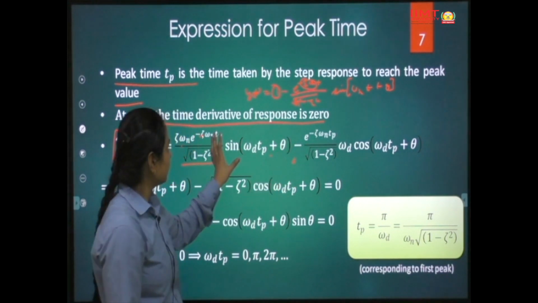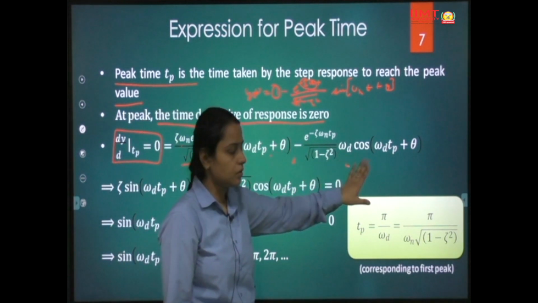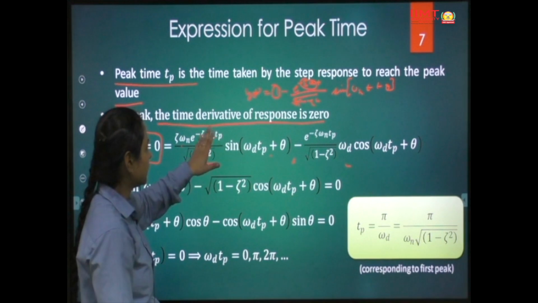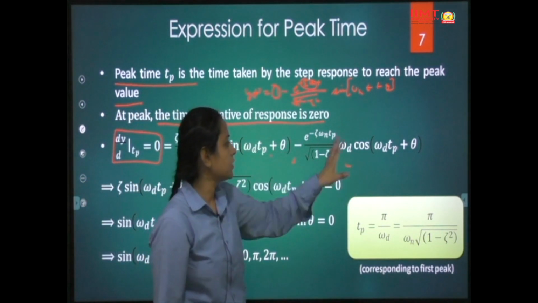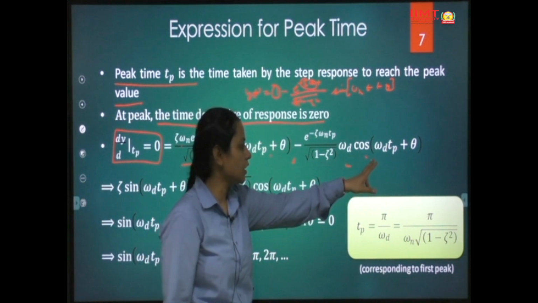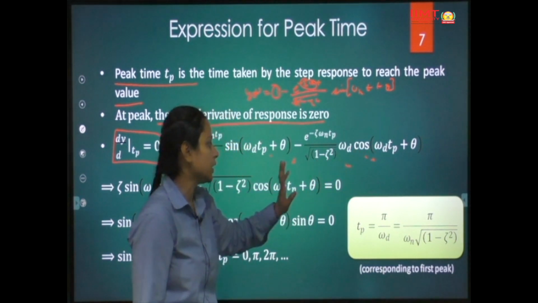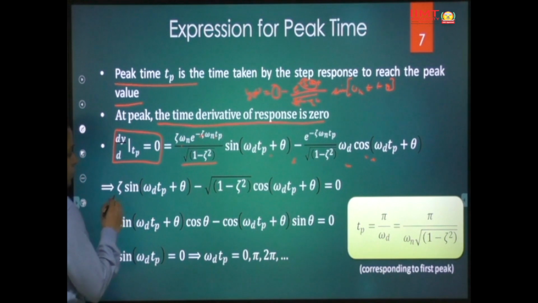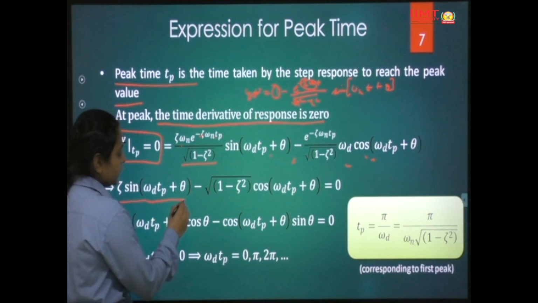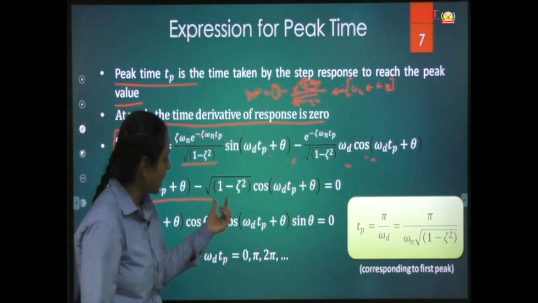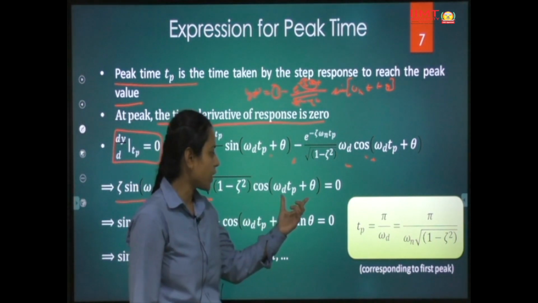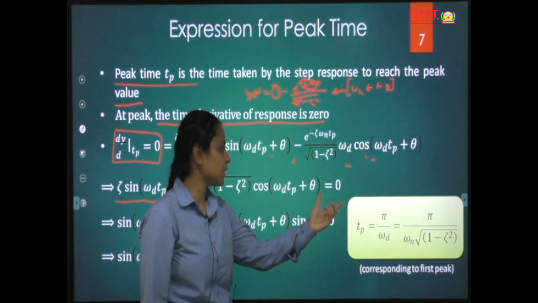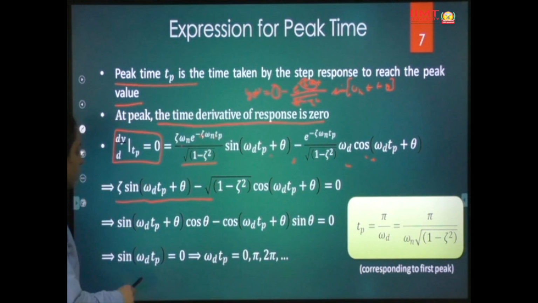And similarly we do the differentiation for the second term. The differentiation of sin is cos, and this omega_d at time Tp. So if we solve this, we get zeta sin(omega_d Tp plus theta) minus under root 1 minus zeta square cos(omega_d Tp plus theta) is equal to 0.